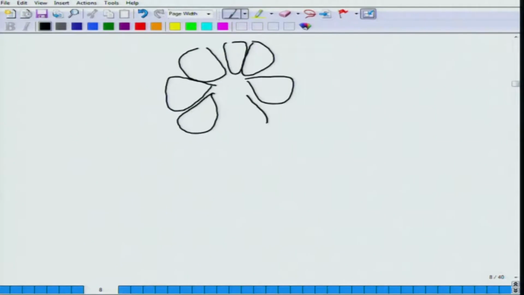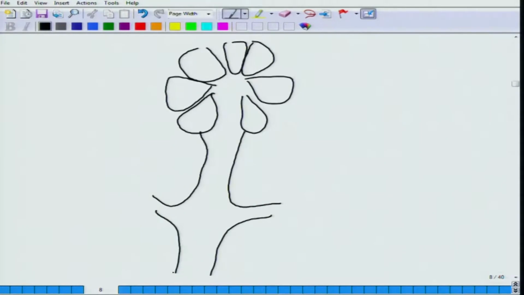Okay. So, this is the duct which is getting formed, this is where the saliva is moving, and those are the acinar cells.